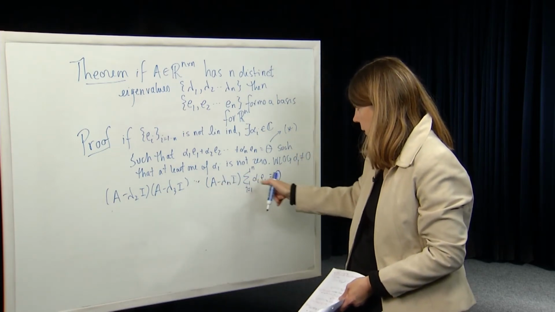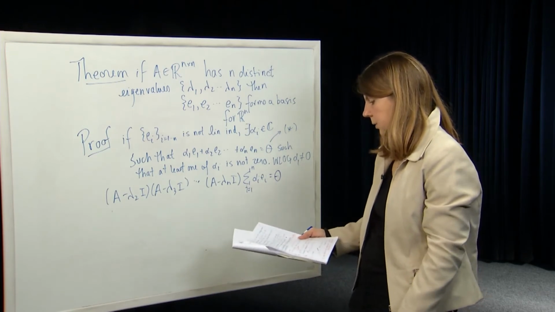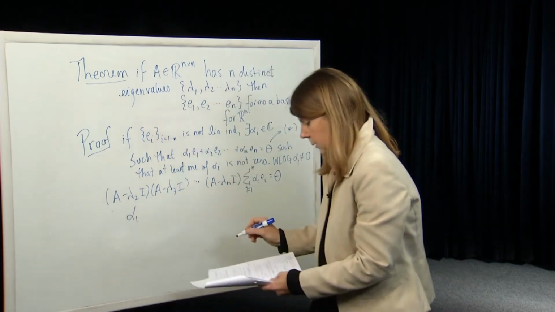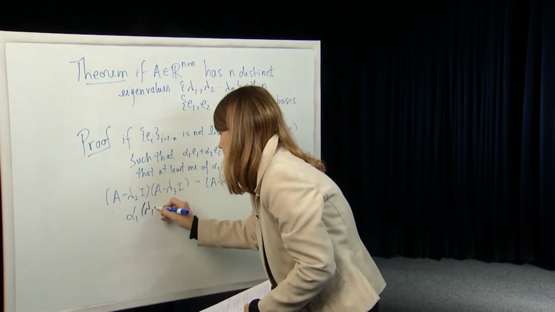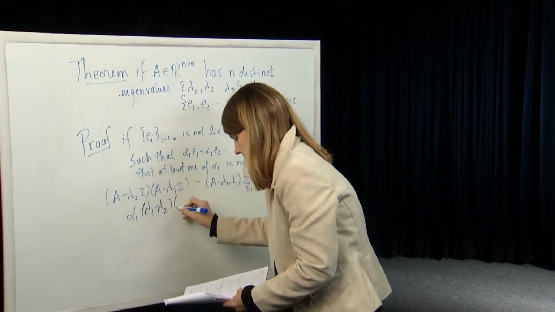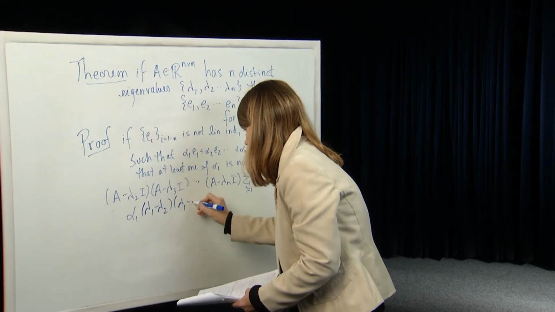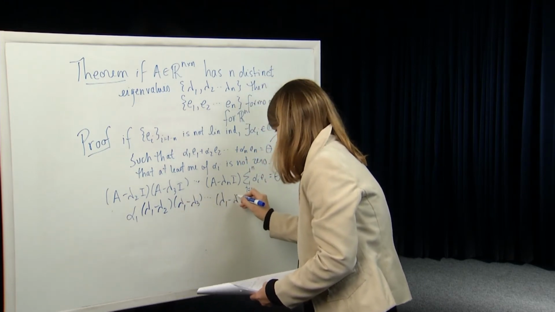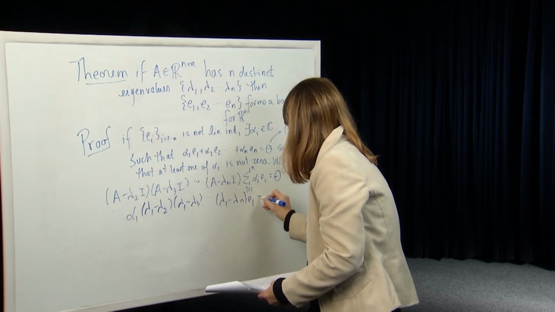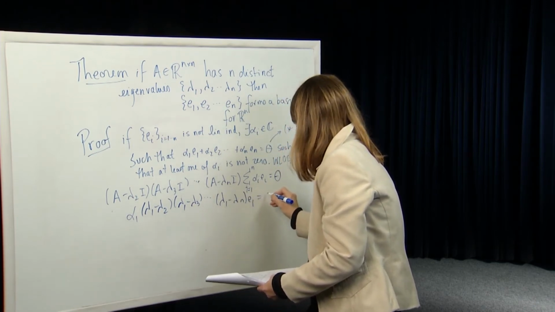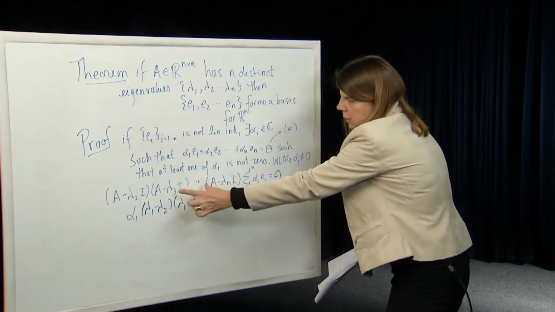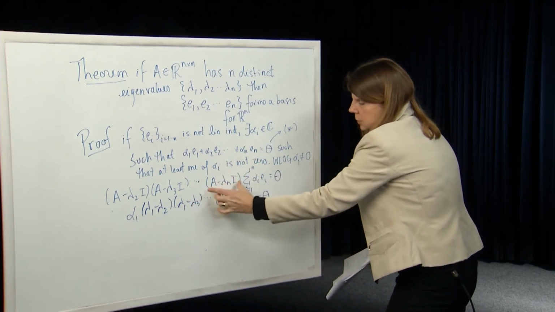If we think about that successive multiplication, we quickly get that alpha 1 times lambda 1 minus lambda 2 times lambda 1 minus lambda 3, all the way down to lambda 1 minus lambda n, times E1, is equal to 0. That just resulted from pre-multiplying this equation by this factor.